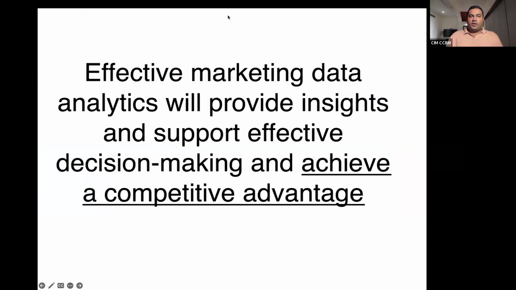And then we go into the last part of your chapter, where we talk about the importance of marketing data analytics and how it will provide insights and support effective decision making to achieve a competitive advantage. Now I used to work in a bank and a credit card company.